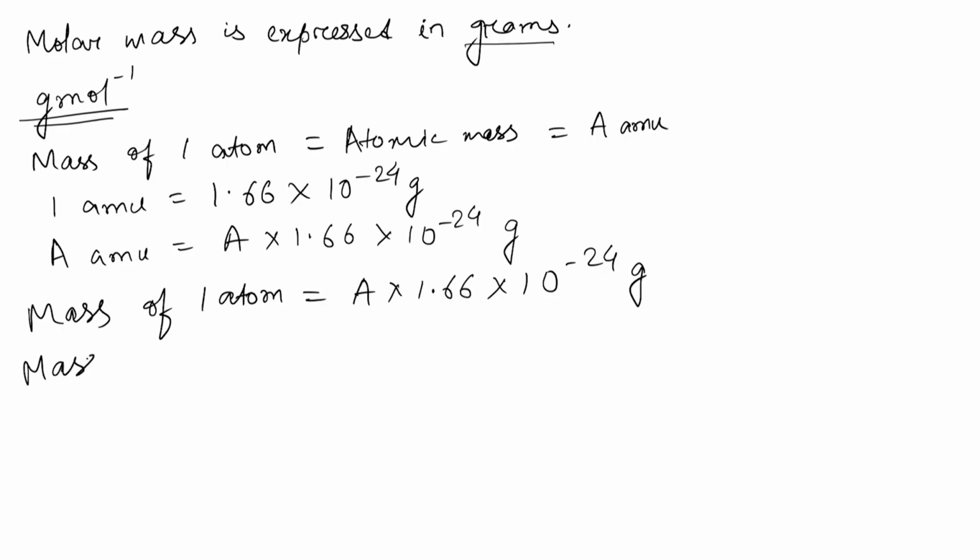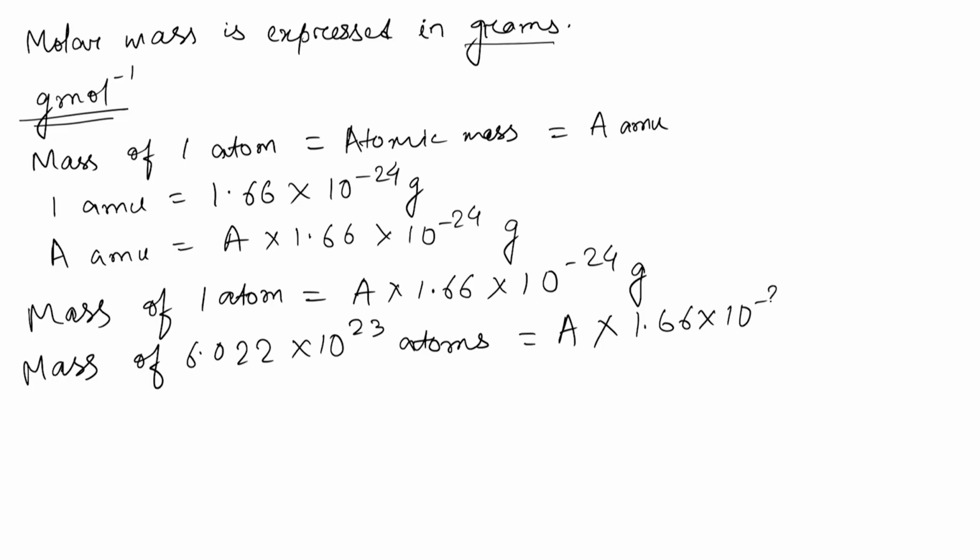So, the mass of 6.022 into 10 to the power 23 atoms will be equal to A into 1.66 into 10 to the power minus 24 into 6.022 into 10 to the power 23 grams.